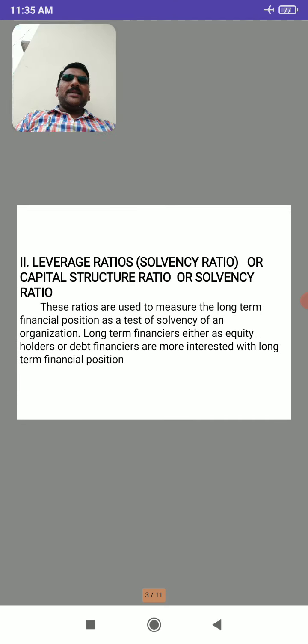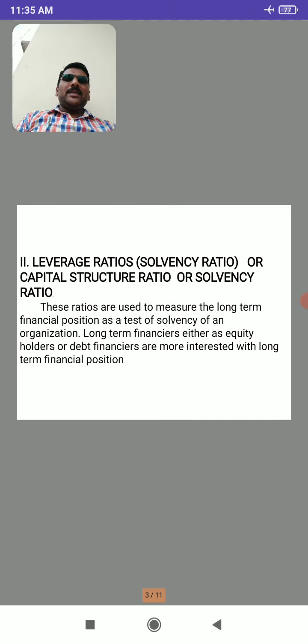The proprietary ratio can be calculated by using the formula: shareholders fund divided by total assets. So it shows the relationship between the shareholders fund and the total assets. First we will see what the shareholders fund includes.